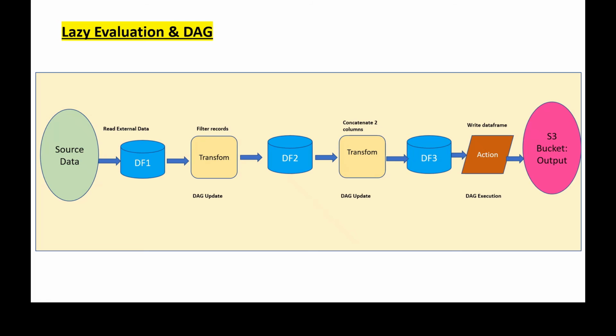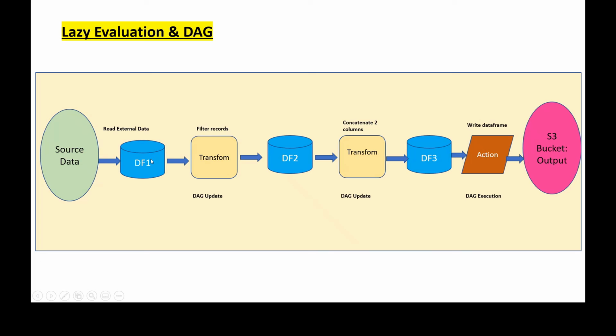On top of this source data frame, we are performing some transformation. Let's say we are filtering certain records based on some condition. Filter is a transformation, so the process will not immediately produce the data. Instead, it will create the logical plan and update the directed acyclic graph. At the end of this transformation, it will create another data frame called DF2.